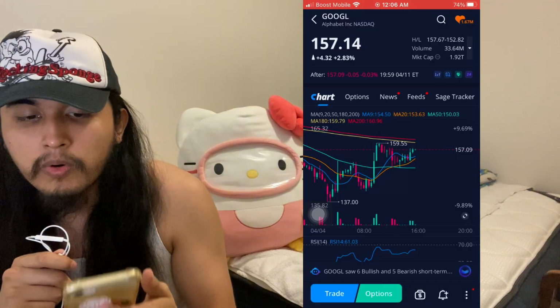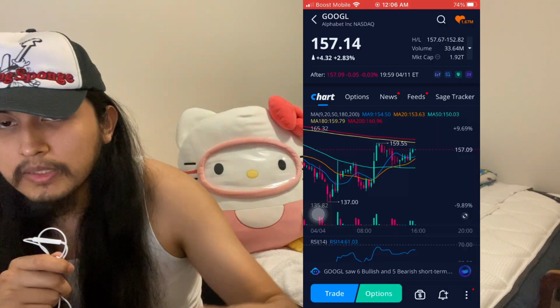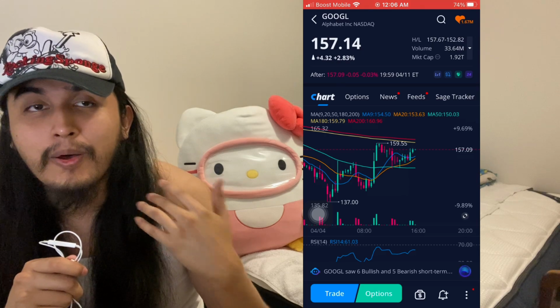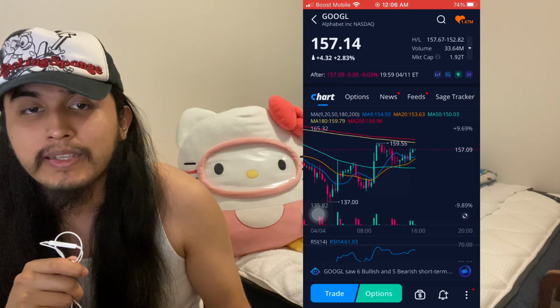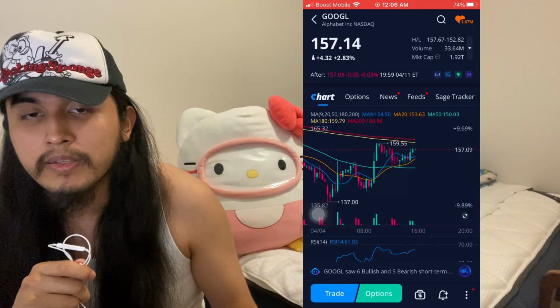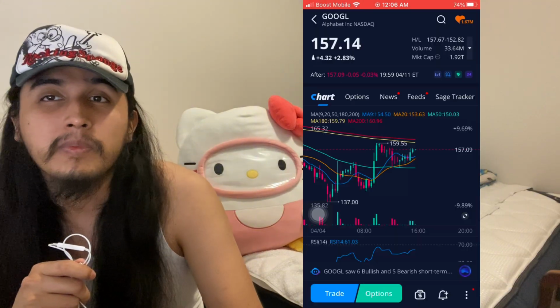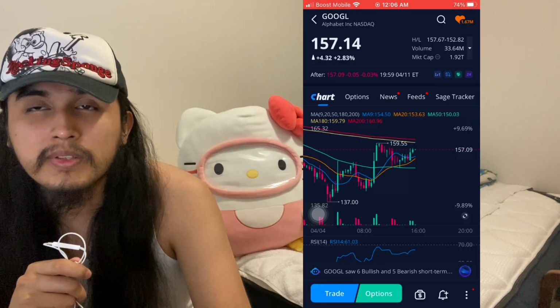Once Google approaches either the 180 or 200-day moving average, the most I want to take is a 10 or 20% loss. The maximum loss I can take in a trade is anywhere from 25 to 30%.